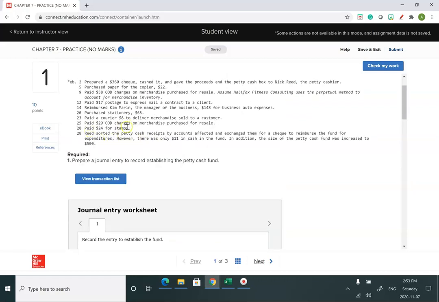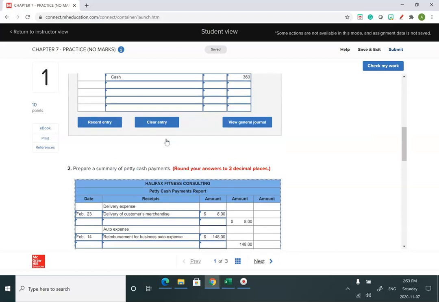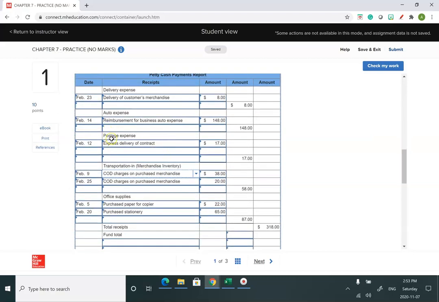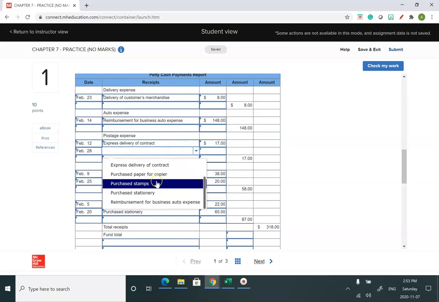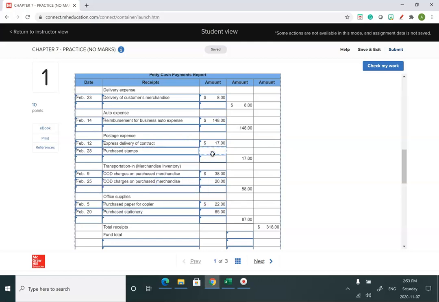And then I paid $24 for stamps. Because I do have a postage expense account, I'll put it under there. If I didn't, I probably again would have put that under office. So I'll say purchase stamps, and then that will be $24.